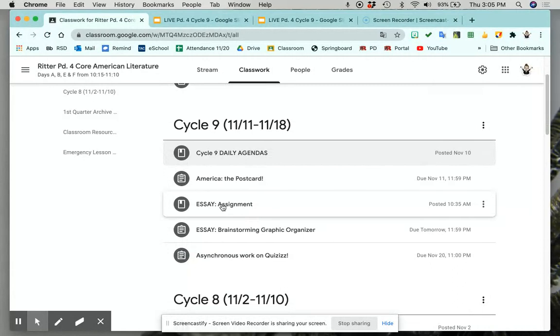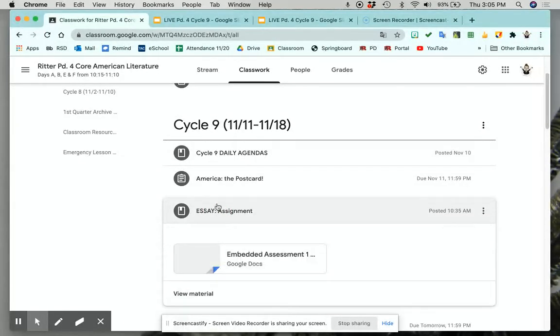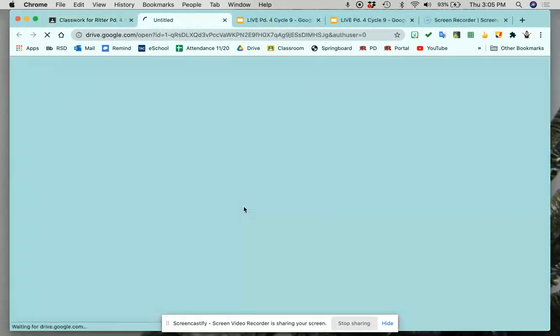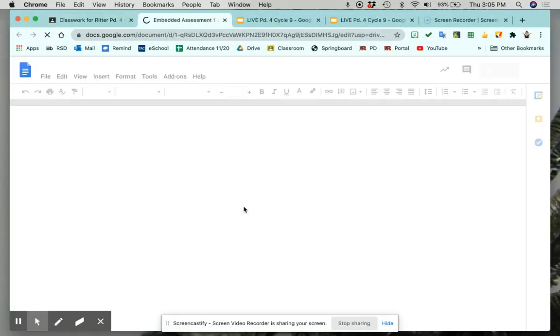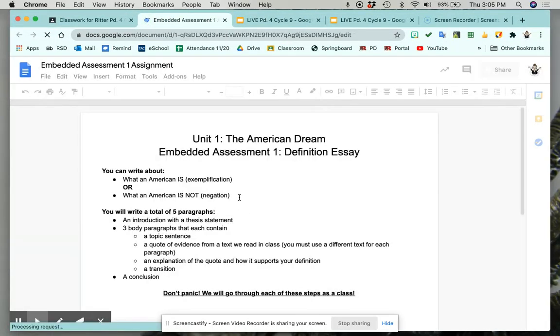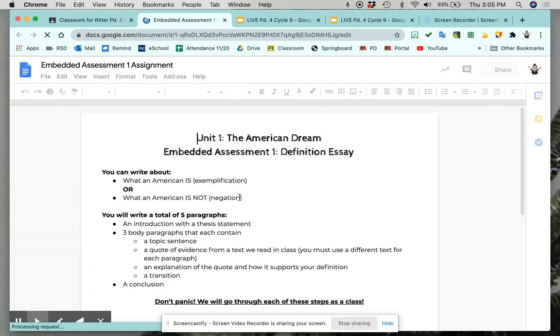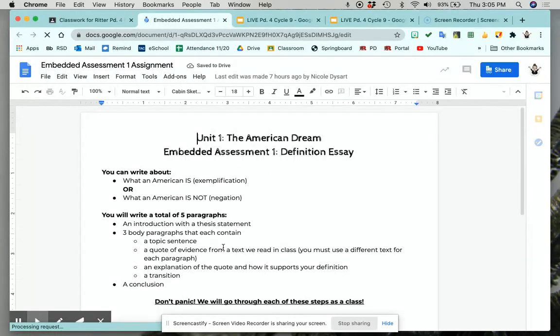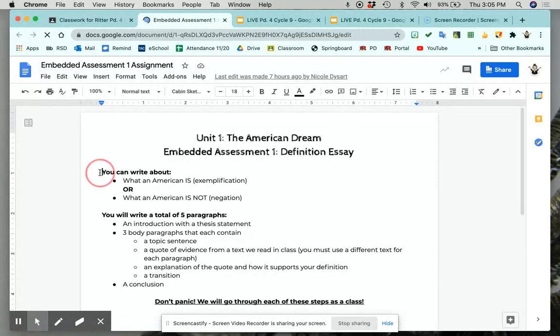So the assignment for the essay is posted here as a material. We talked about this several weeks ago, but just to refresh your memory, you are writing an essay that defines your definition of an American. So there's two ways that you can do this.